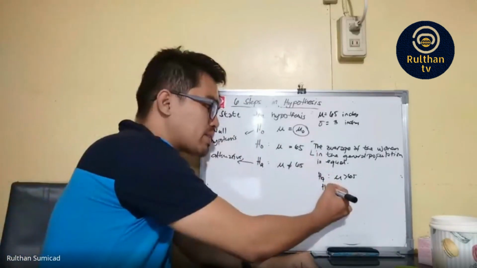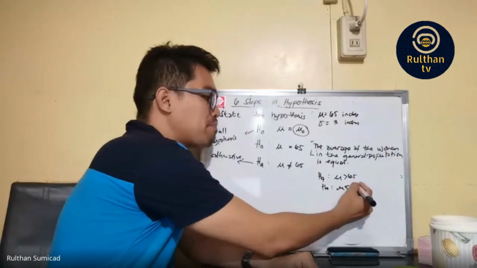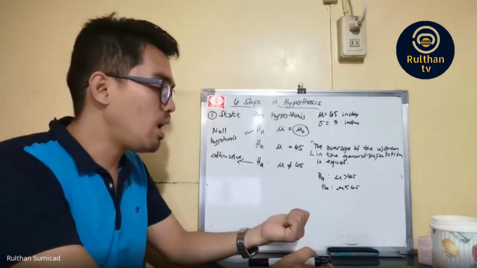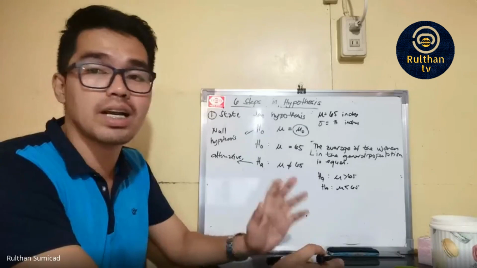Or you can have it as mu less than 65, meaning the LLD woman are way shorter than the woman in the general population.